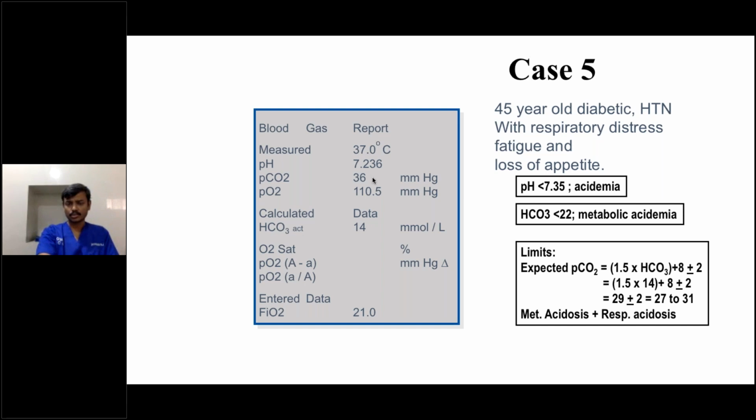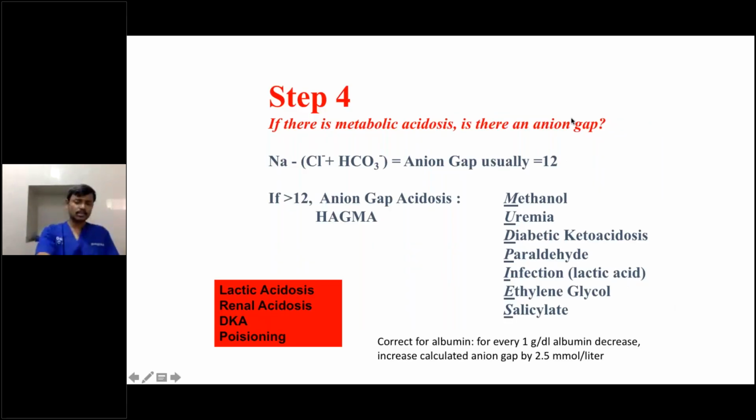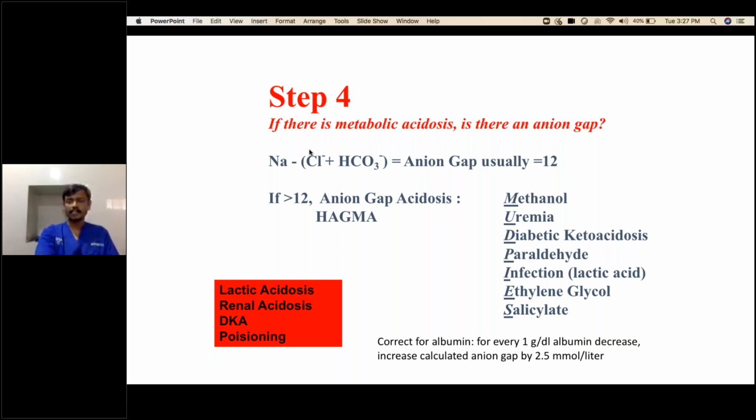Once you know metabolic acidosis, you should calculate the anion gap. Why do we identify the anion gap? To know the causes of metabolic acidosis, we should identify whether it is a high anion gap metabolic acidosis or a normal anion gap metabolic acidosis. High anion gap metabolic acidosis means the anion gap is more than 12; normal means the anion gap is 12 or less.